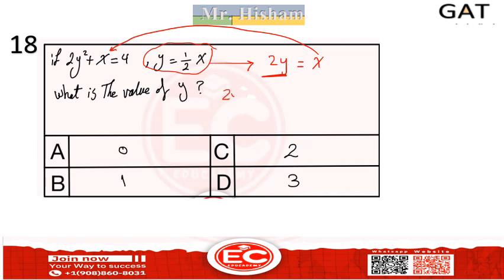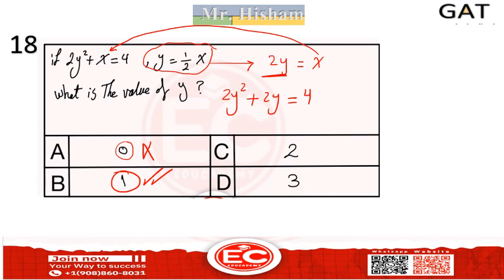So 2y squared plus 2y is equal to 4. Of course, in Qudrat, you don't have to solve this as a second degree equation, but you have to think about the numbers. 2 times 0 plus 0 is not equal to 4. 2 times 1 plus 2 times 1 is equal to 4. So you are sure now that the right answer is equal to 1.